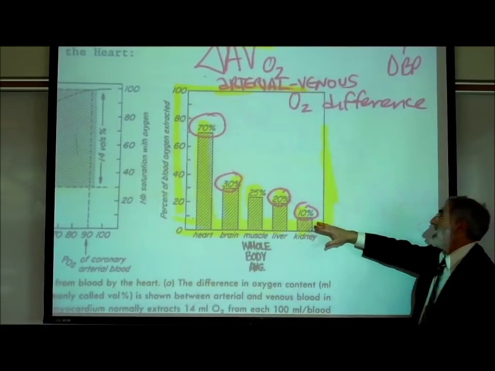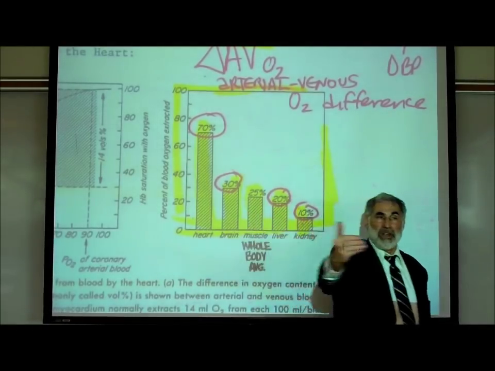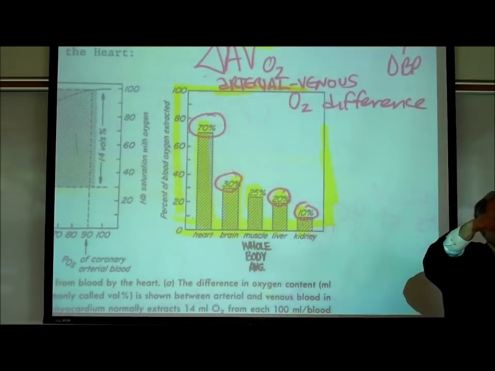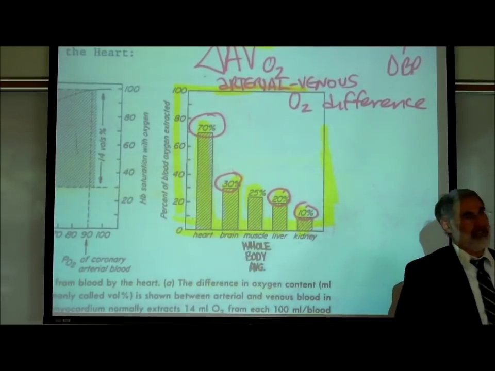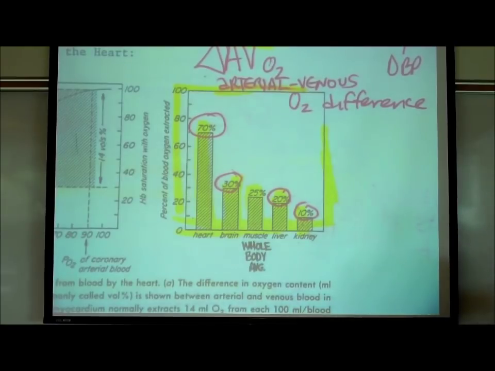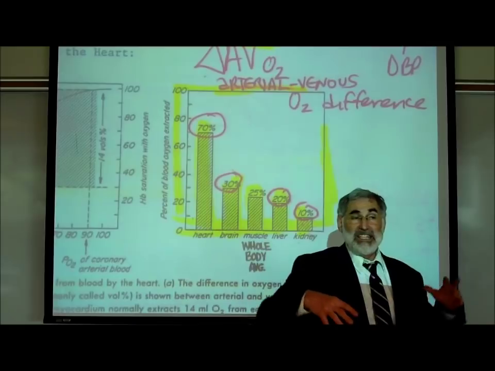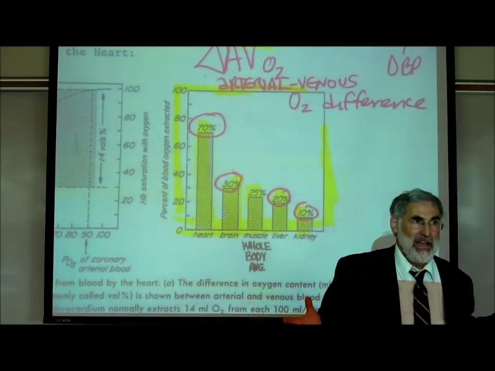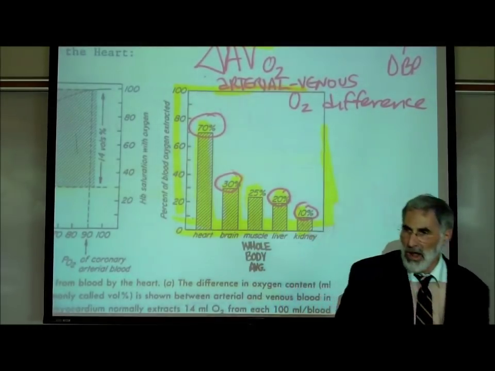That means that the renal vein coming out of the kidney still has 90% of the oxygen. The kidneys don't work too hard, and they get a continuous flow of blood.